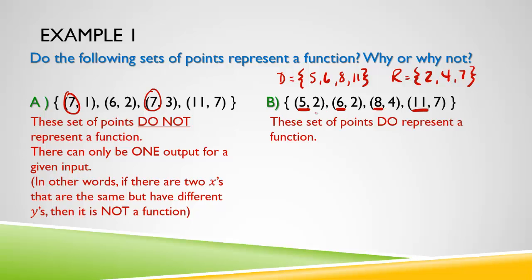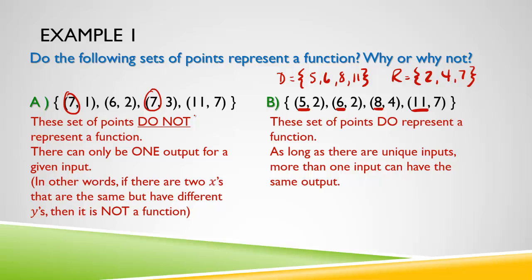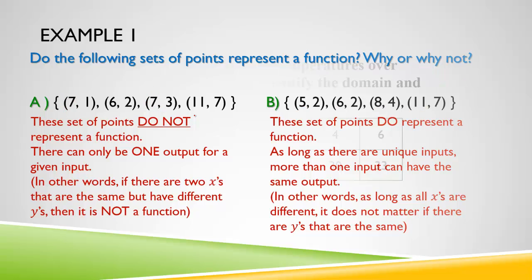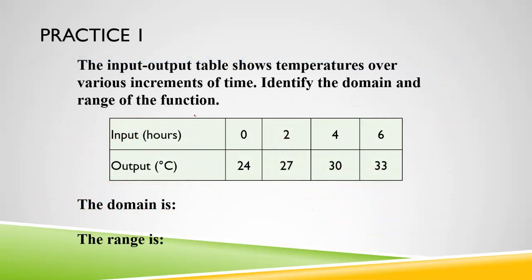So maybe go and underline all your x's or circle them. And if you see any number twice, that means it's not a function. As long as there are unique inputs, more than one input can have the same output. In other words, as long as all the x's are different, it doesn't matter that there are y's that are the same.